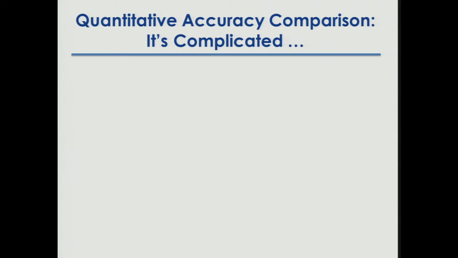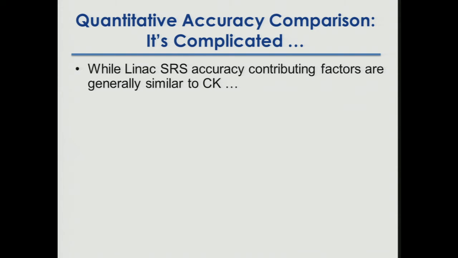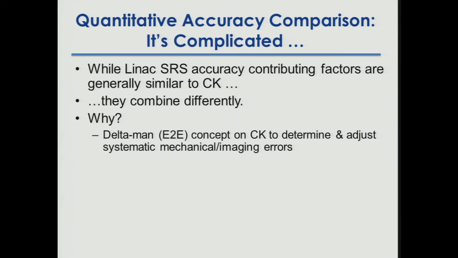But it's actually quite hard to make this comparison. While the Linac stereotactic radiosurgery accuracy contributing factors are generally similar, on the same order of magnitude as the CyberKnife, they do combine differently. Why is that?